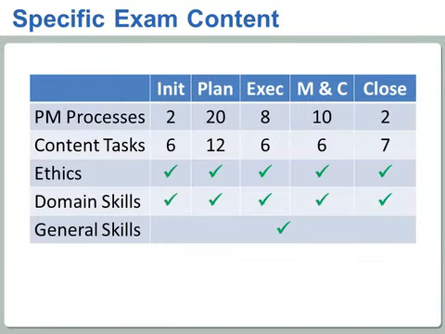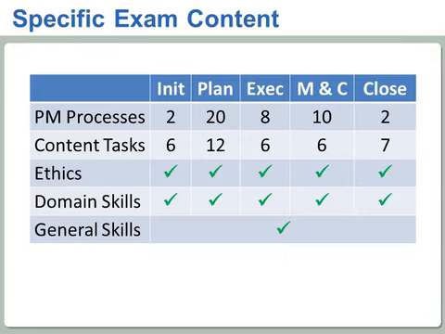First of all, there are the project management processes. That's the first line here, and these are taken from the PMBOK guide, page 43. I believe there are a total of 42 of them across the 5 domains. Then there are content tasks.